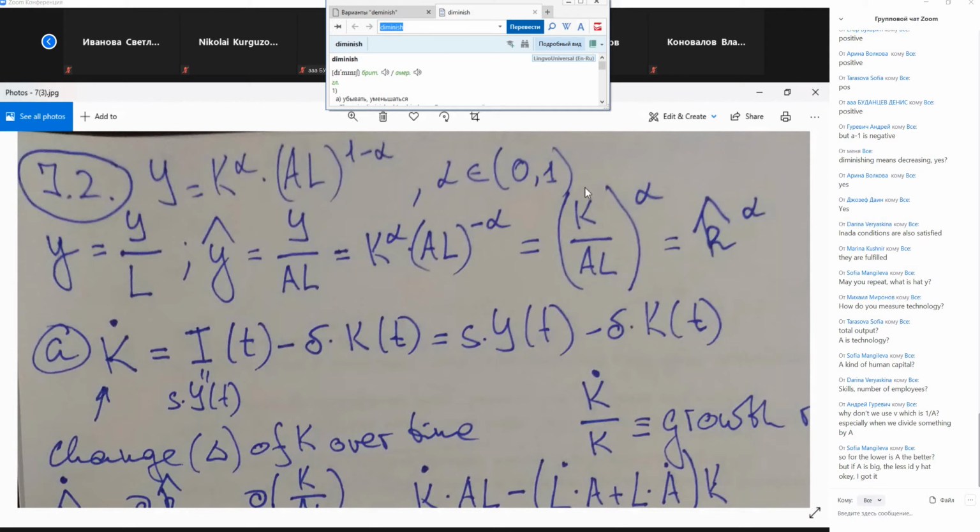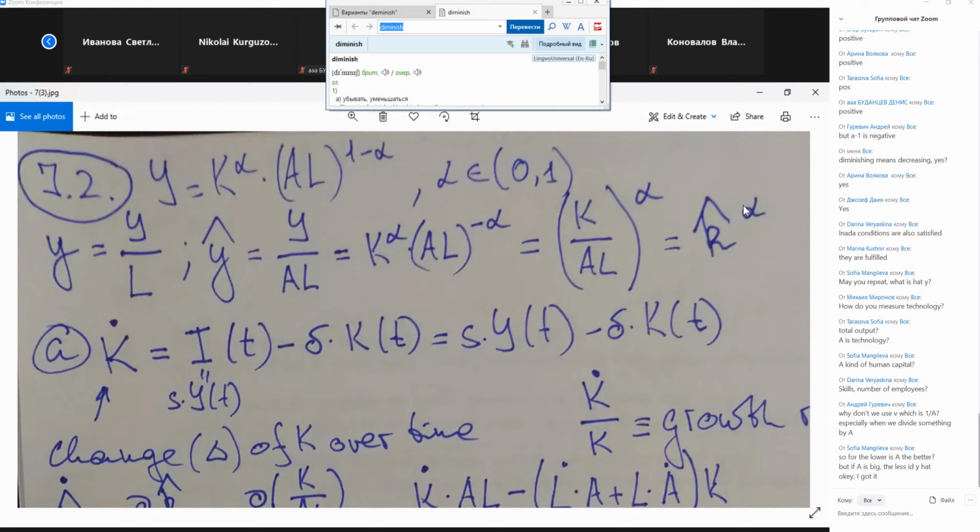This is something familiar. This is capital per unit of effective labor. So why don't we just substitute it with little k hat? The same intuition as with y hat, and this is a function which determines our y hat.